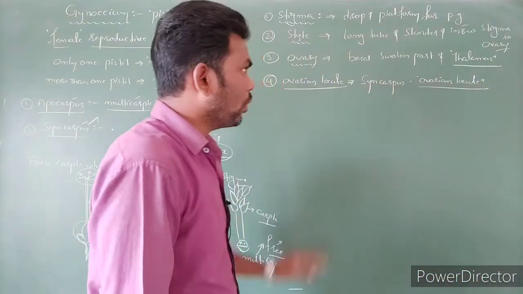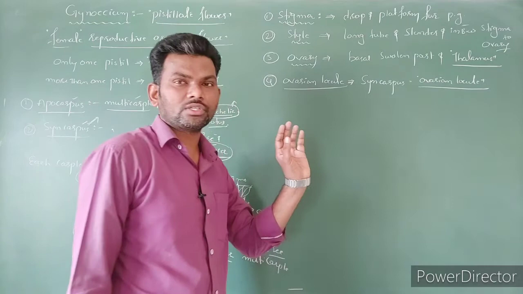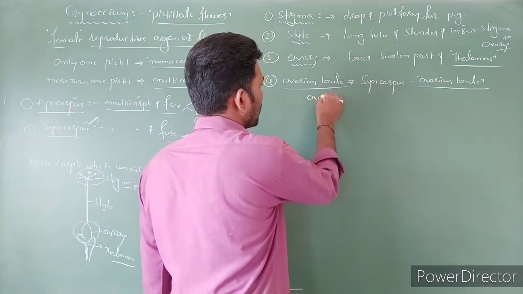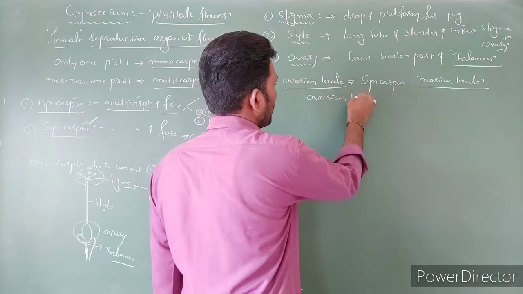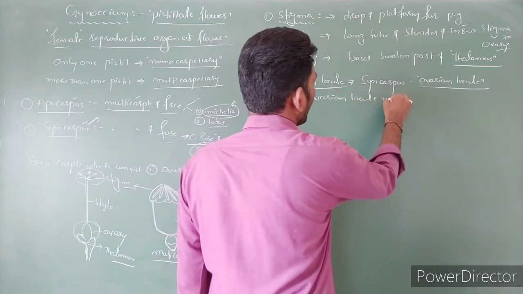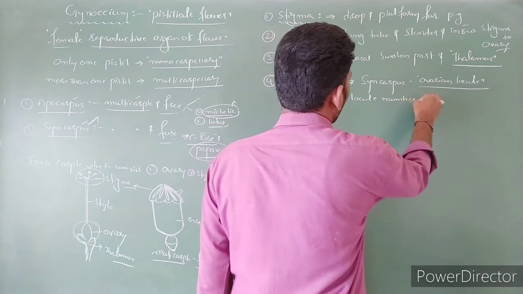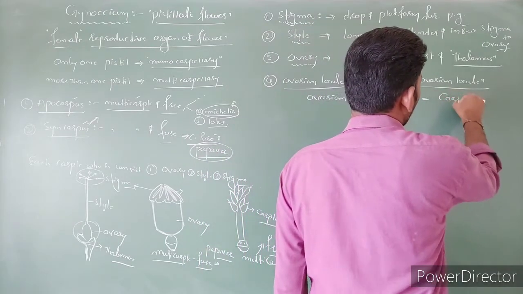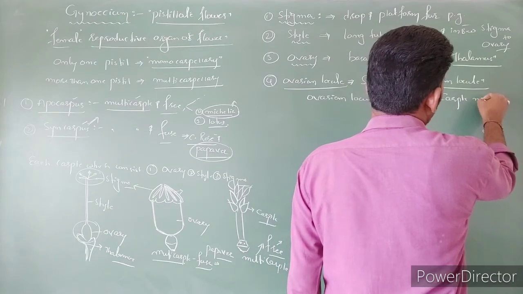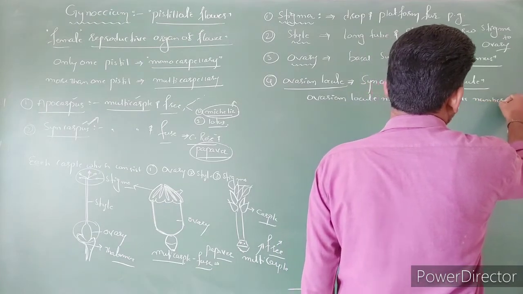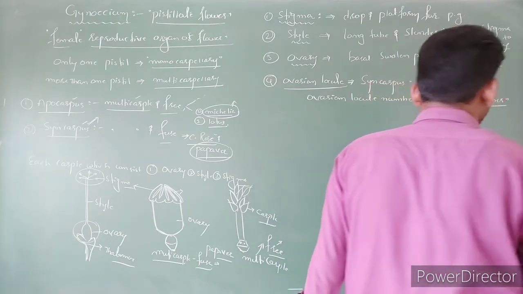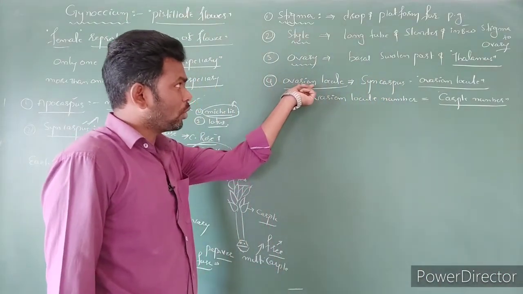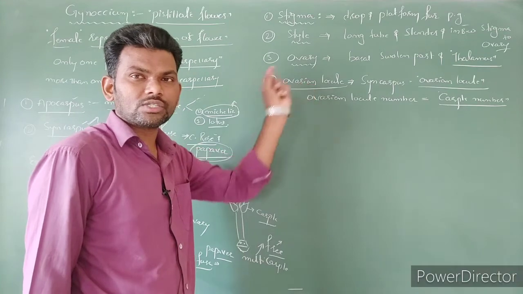In most cases, the ovarian locule number is equal to the carpel number, right? Next, in each ovarian locule there is going to be one ovule.